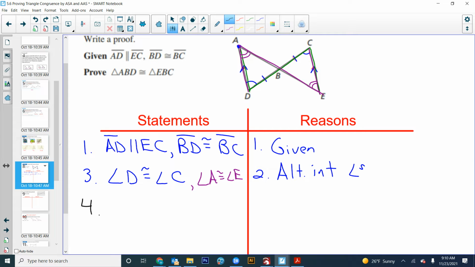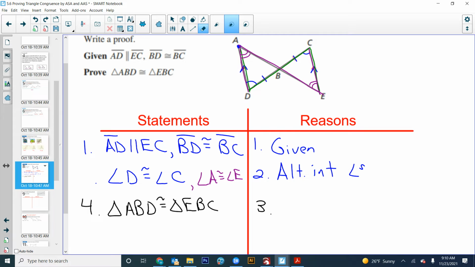We have AAS. So triangle ABD is congruent to triangle EBC. And apparently I can't count. Yeah. Give a 4 for number 3. Thank you.